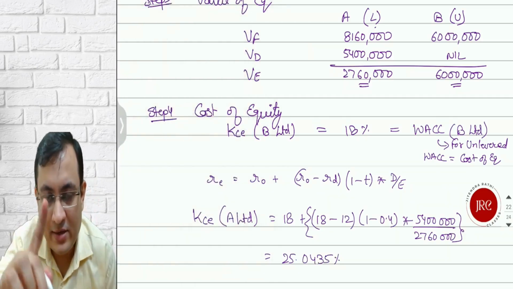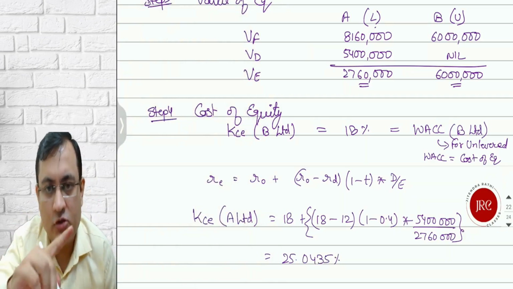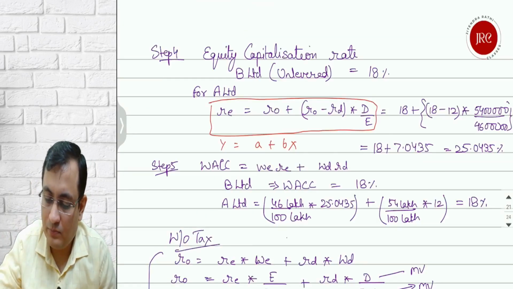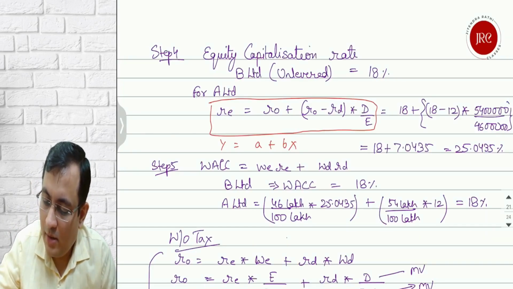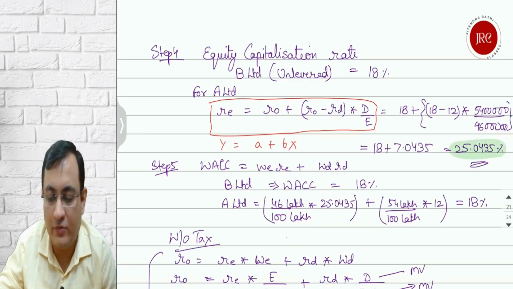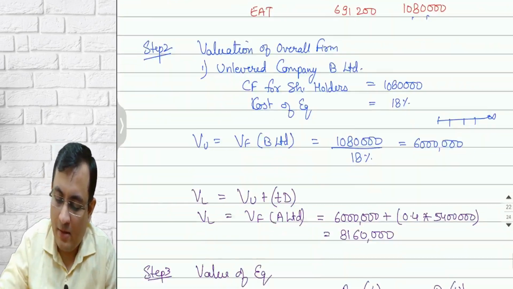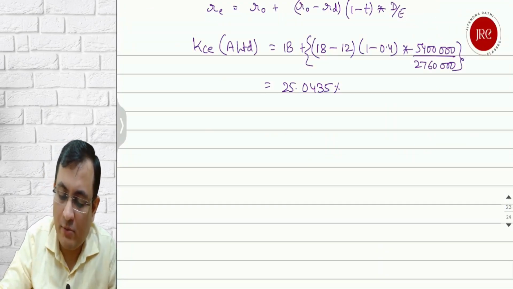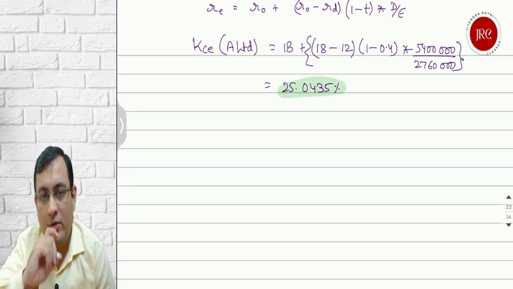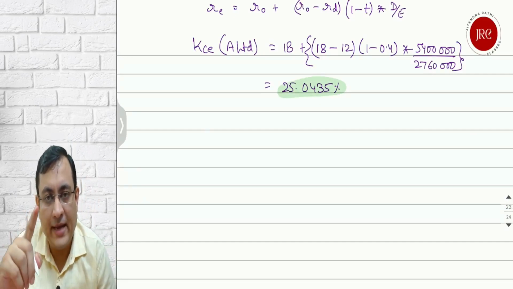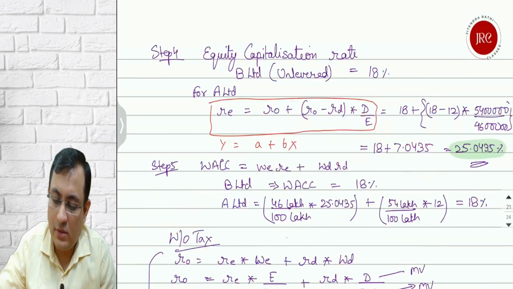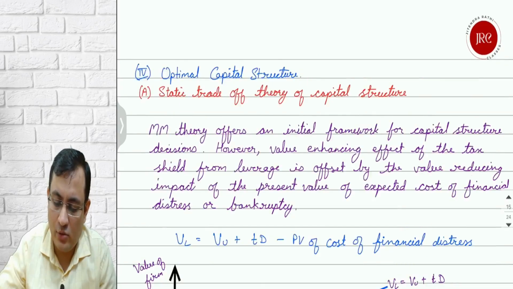And if we check the cost of equity we calculated in MM without tax, it was also equals to 25.0435. Same cost of equity is there, but what we studied is that because of tax your cost of equity should come down. The graph says that cost of equity should come down.